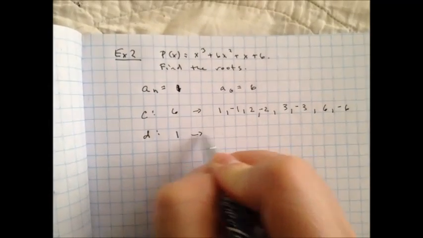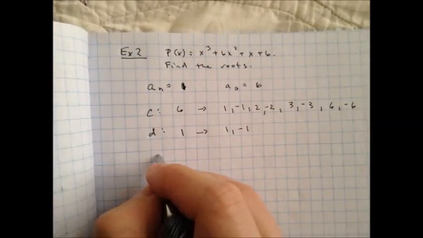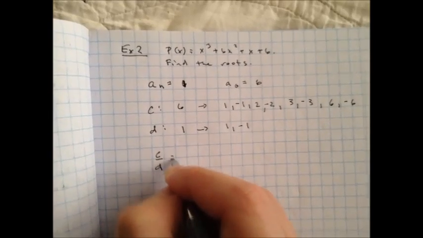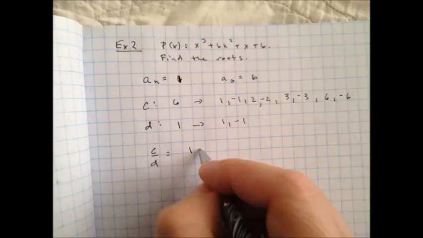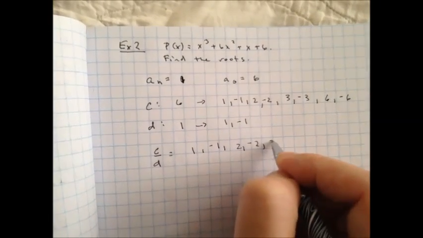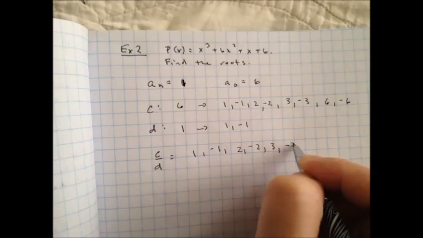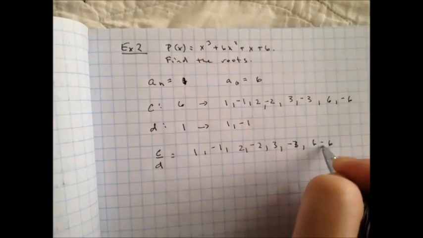My factors of 1 are 1 and negative 1. So what's really nice is c over d are basically just going to be these factors right here: 1, negative 1, 2, negative 2, 3, negative 3, and 6, negative 6.